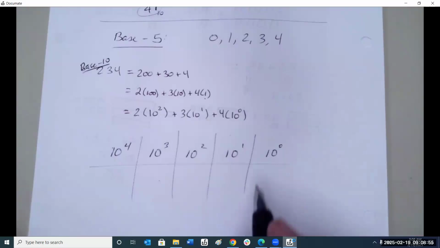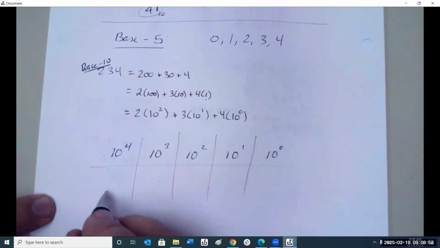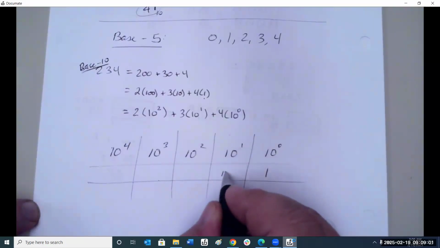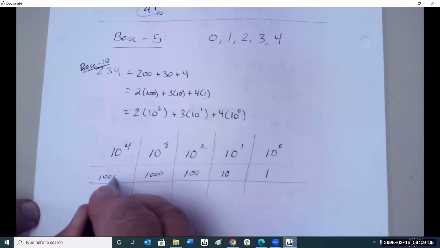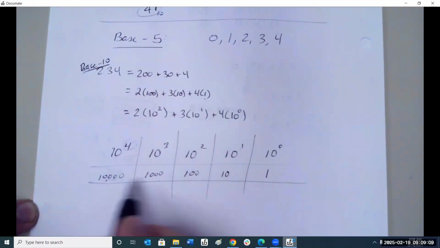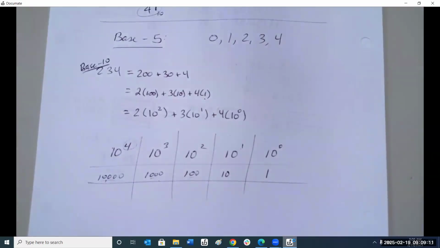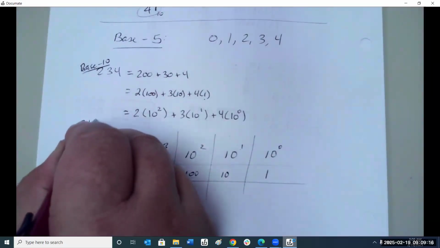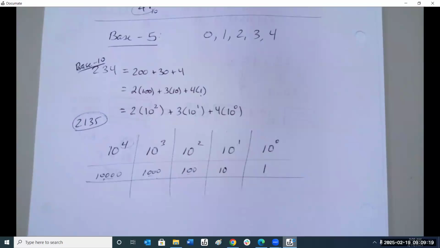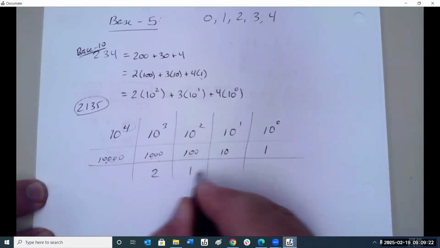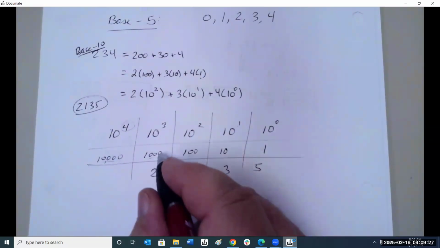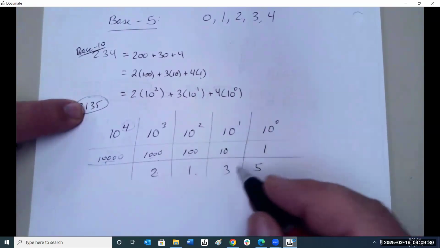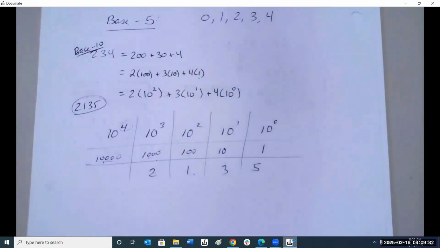These are our placeholders. 10 to the 0 is 1. 10 to the first is 10. 10 to the second is 100. 10 to the third is 1,000. 10 to the fourth is 10,000. The exponent says how many zeros I have. So the number 2135 is written like this: 2 in the thousands, 1 in the hundreds, 3 in the tens, 5 in the ones.